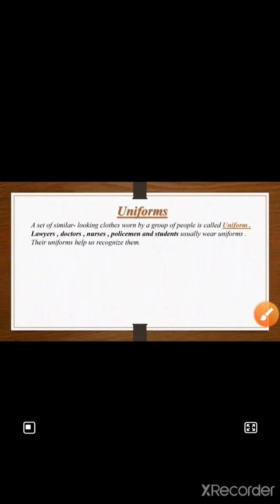Okay. So let's talk about uniforms. Uniforms are also parts of clothes. So what are uniforms? Look here, a set of similar looking clothes worn by a group of people is called a uniform, right?